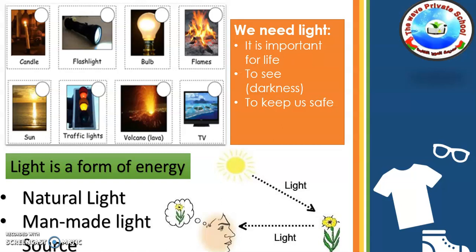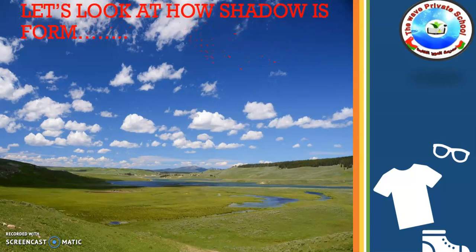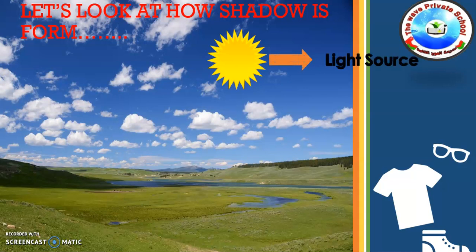So now, let's start with our lesson for today. I want you to look at this picture here, because we will discuss first how a shadow is formed. We have here the sun. Okay, that is our light source.